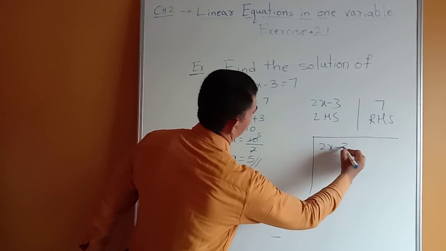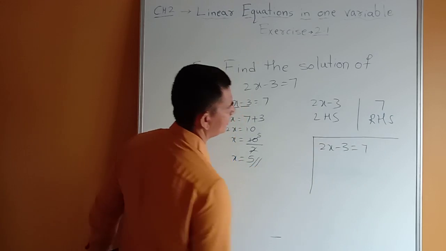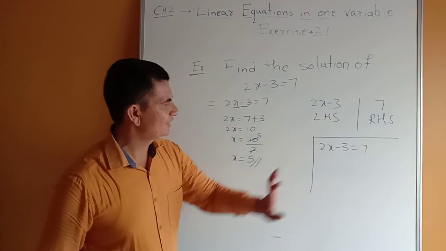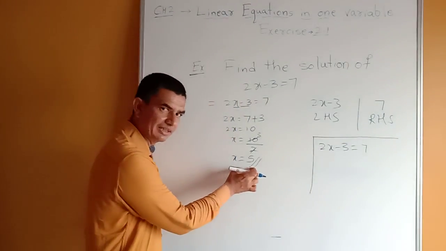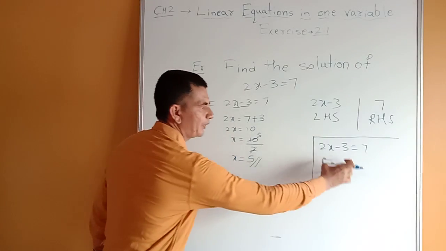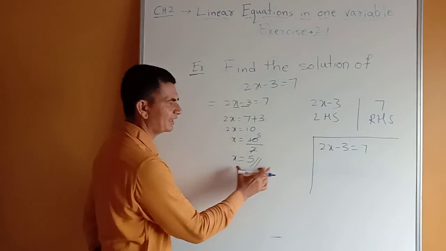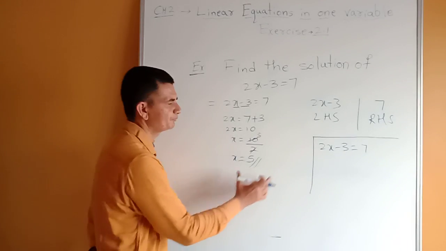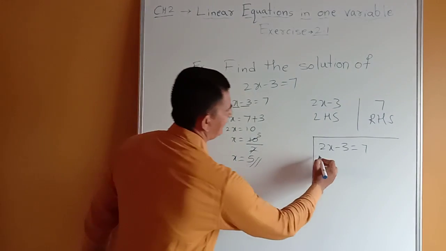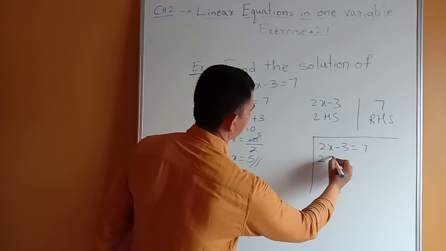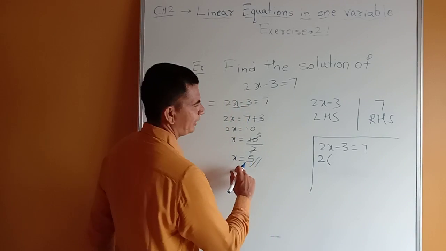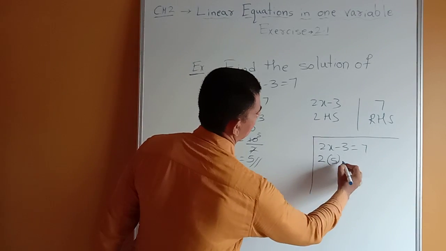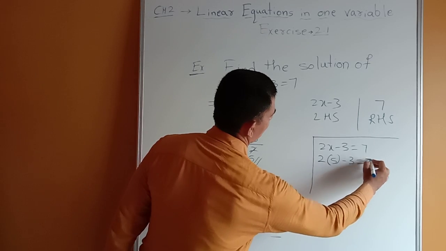Now 2x minus 3 equals 7. In the place of x, we got answer 5. We are just verifying here whether the answer is correct or wrong. So you can verify easily. In the place of x, you can write the answer we got here, 5. 2 into 5 minus 3 is equal to 7.